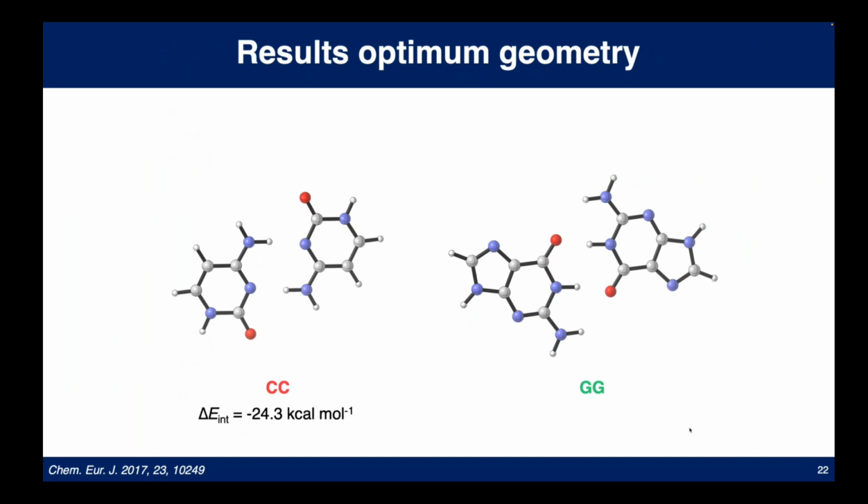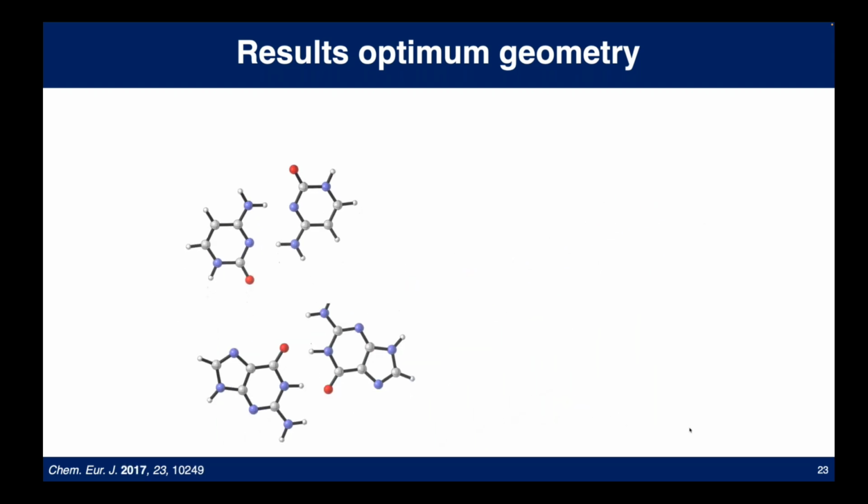So what we did, we of course optimized these systems, computed the bond energy and the interaction energy, and what we see is CC has a smaller interaction energy than GG, but has also longer bonds than GG.